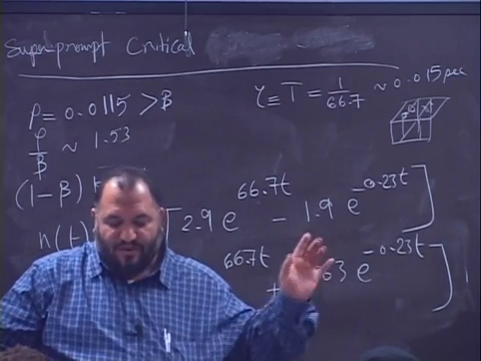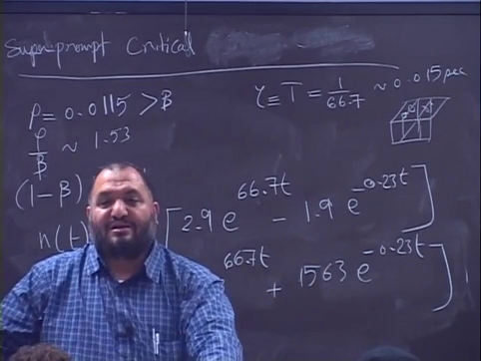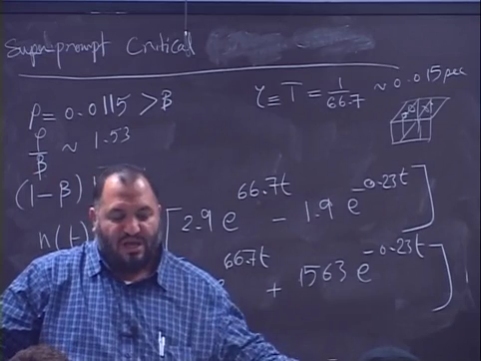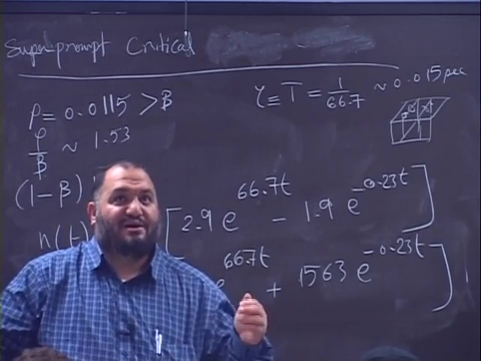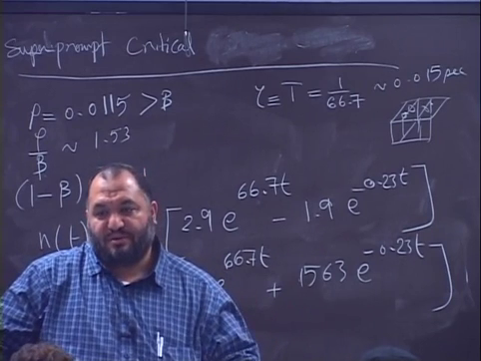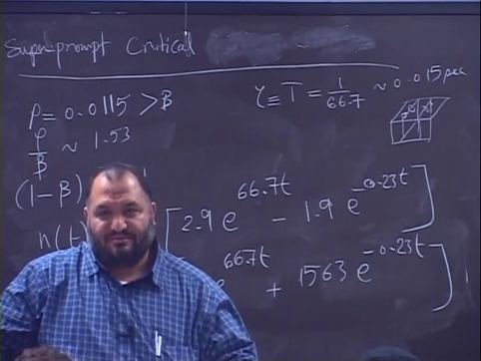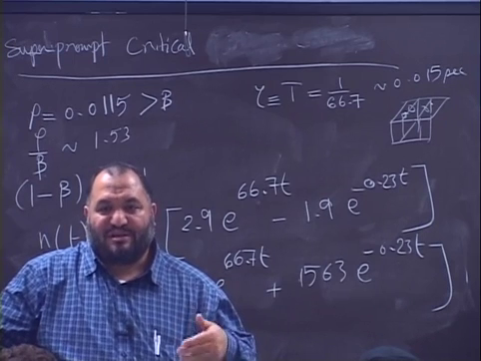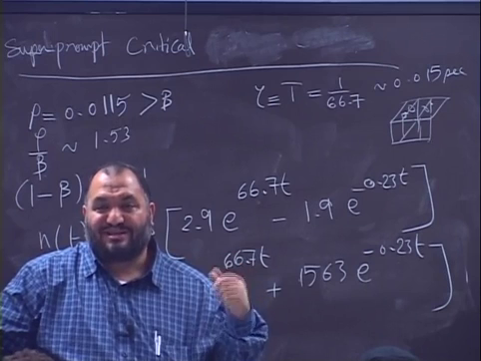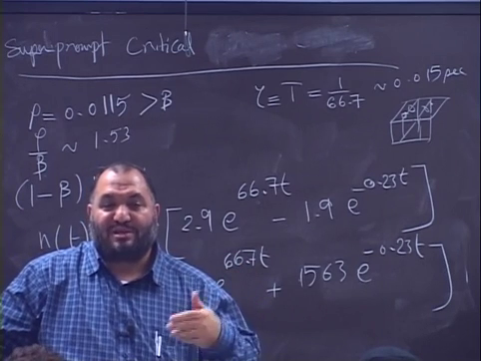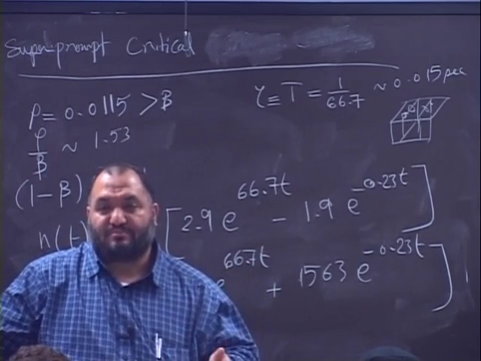And sometimes the feedback mechanism for the prompt critical will play a very important role. And this is what we will see in the next chapter when we will discuss the reactor dynamics. What causes the multiplication factor to change inside the core. So this is the reactor kinetics, how the power will change with time.